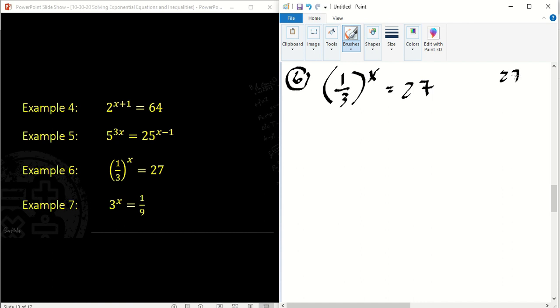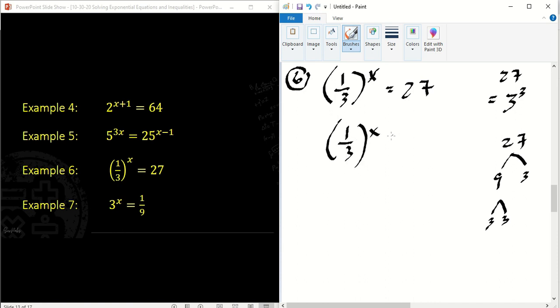So, ang 27 ay equal sa 3 to the third power. 3 to the third yun. Kasi 27, 9 and 3. Then yung 9 pwede pa, 3 and 3. Kaya 3 to the third power. So, we have here 1 over 3 to the x is equal to 3 to the third power.